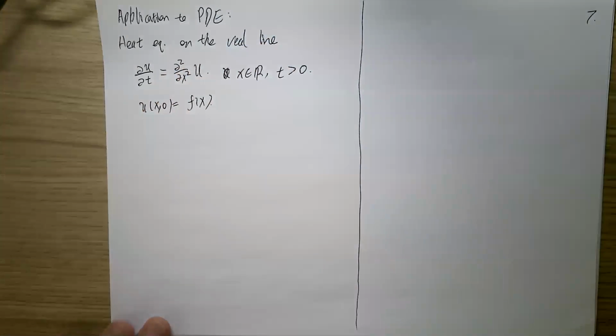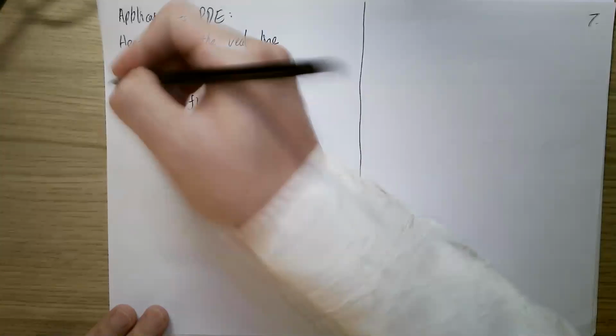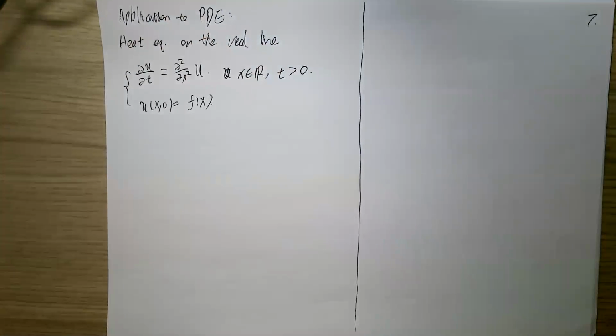You have an initial temperature of your solution, and you want to solve this initial value problem on the whole real line.